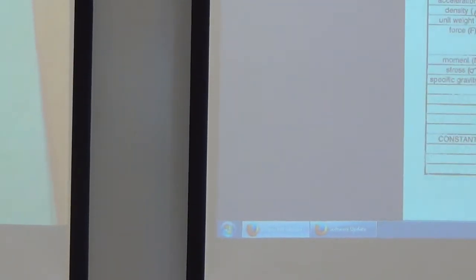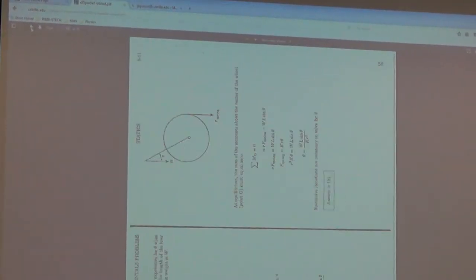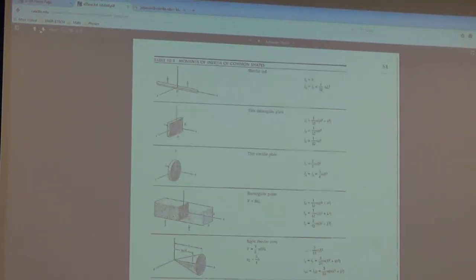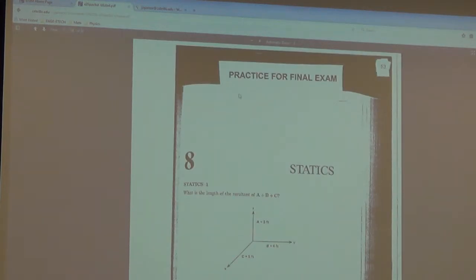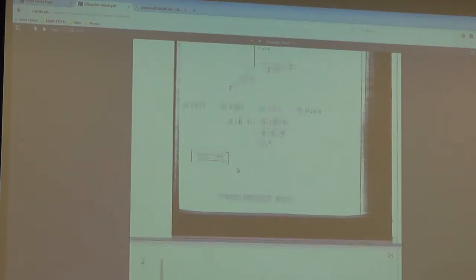So to give you some practice on statics multiple choice, if you go in the packet and you go towards the end, there's a whole boatload of problems. Beginning on page 54, there's practice, and the problem is there, and then the solution is there as well.